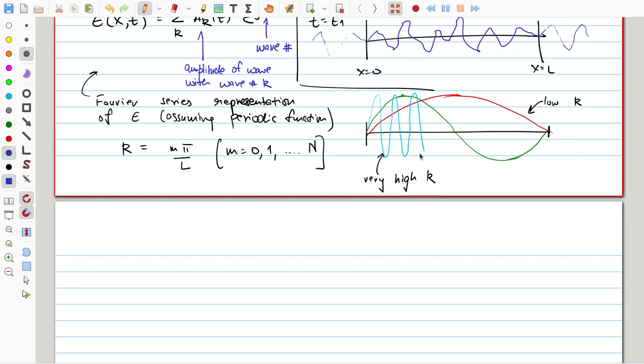Another idea is that the different k modes, the different wave number modes, are independent. That's another idea of Fourier series, that they don't reinforce each other. If you have a wave number which has a certain amplitude, then that is independent from the other wave numbers.